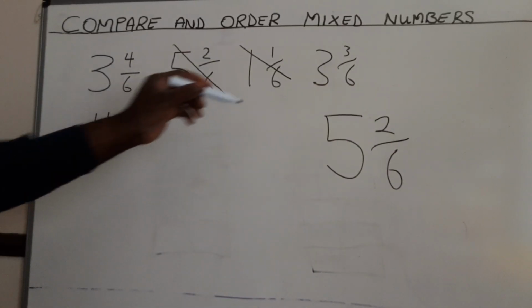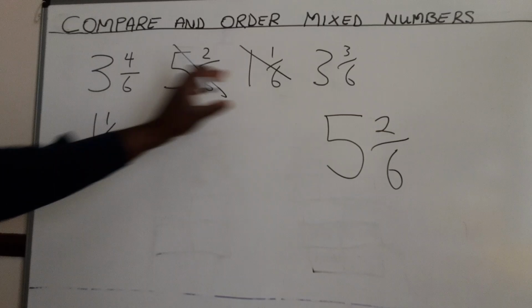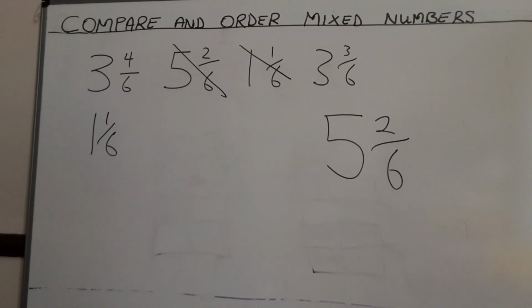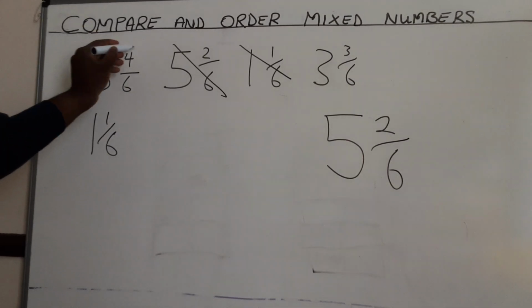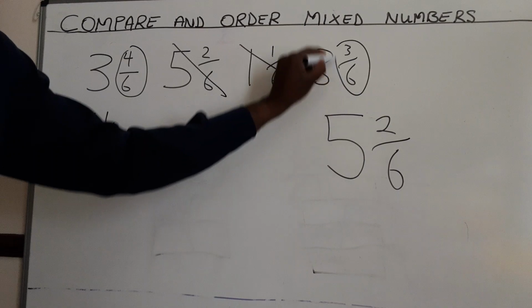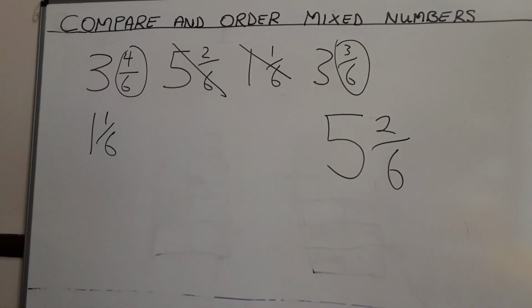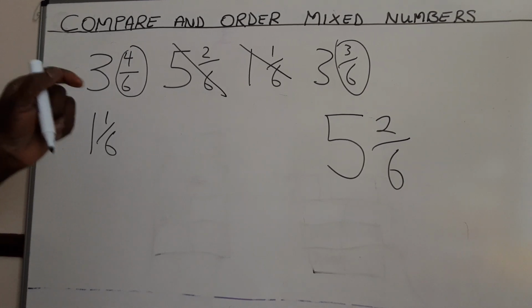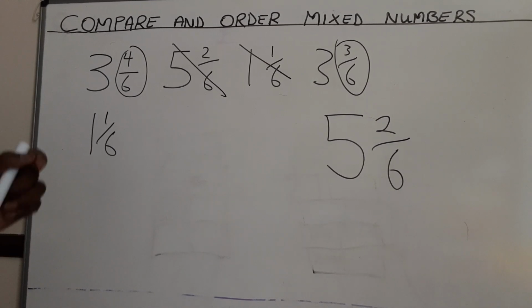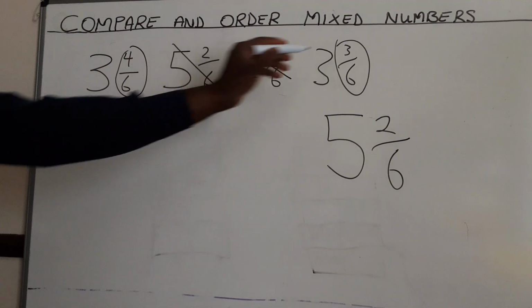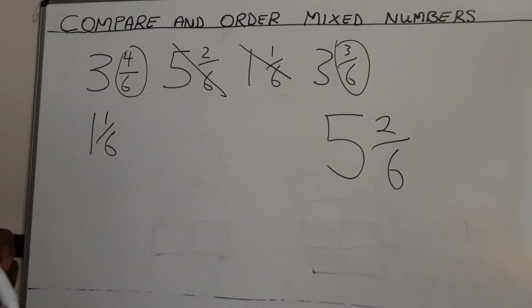We can see that all the whole numbers are the same. So if the whole numbers are the same, what we have to do next is move on to the fractions and compare the fractions. And one thing that you have to always bear in mind is that the smaller the numerator, the smaller the fraction.